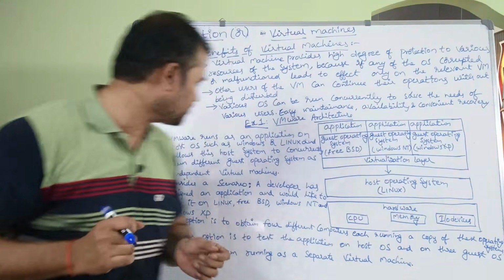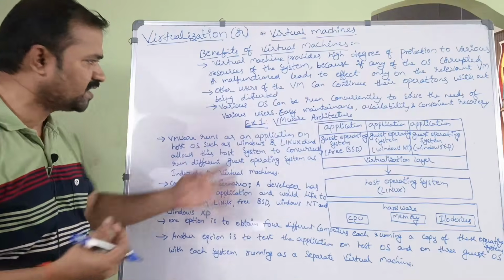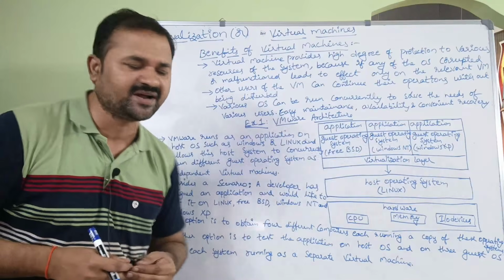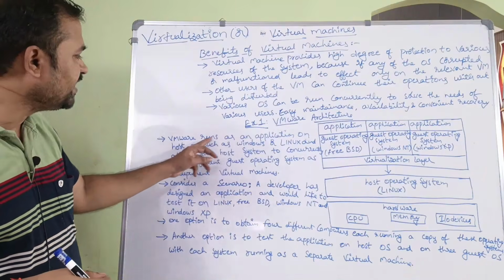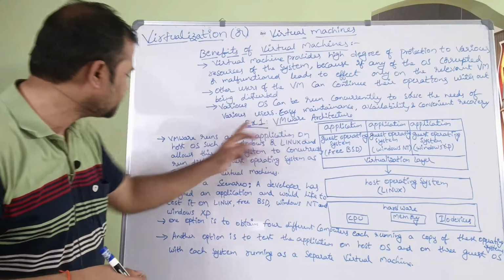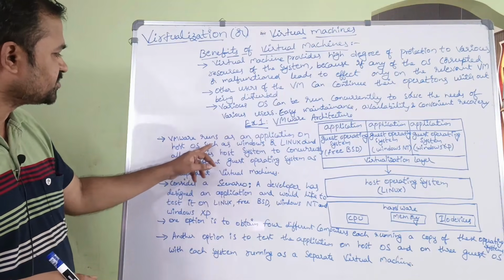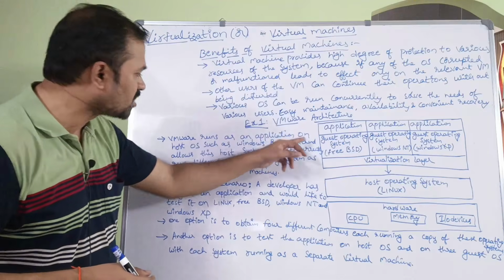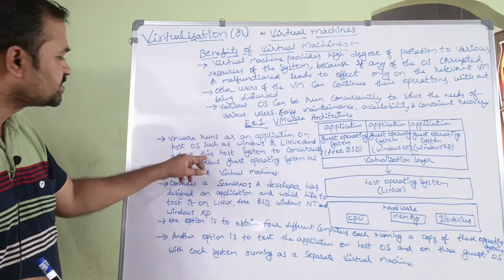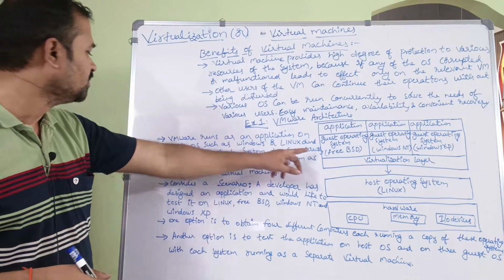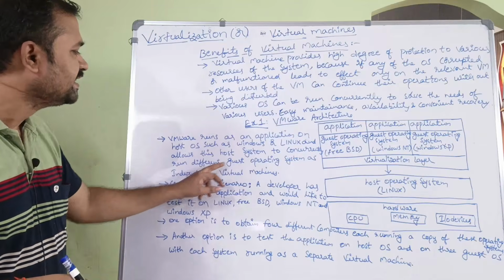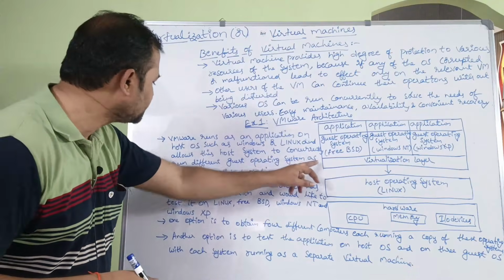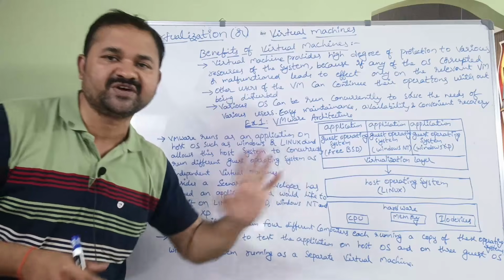Now let's see an example. Let's see the theory about the VMware architecture. VMware runs as an application on the host operating system such as Windows or Linux and allows this host system to concurrently run different guest operating systems as independent virtual machines.